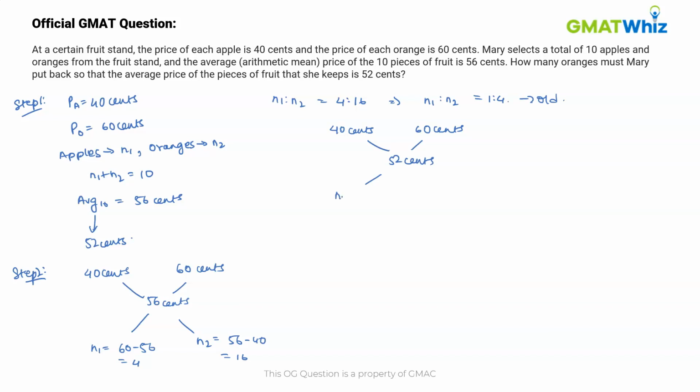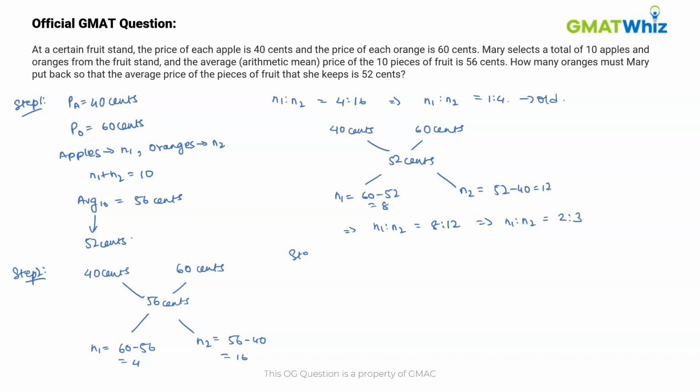Then the new ratio of N1 is equal to 60 minus 52, which is 8, and N2 is equal to 52 minus 40, which is 12. This implies that the ratio of N1 is to N2 is equal to 8 is to 12, which implies that the ratio of N1 is to N2 is equal to 2 is to 3.